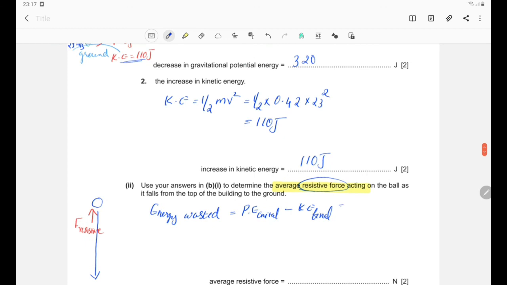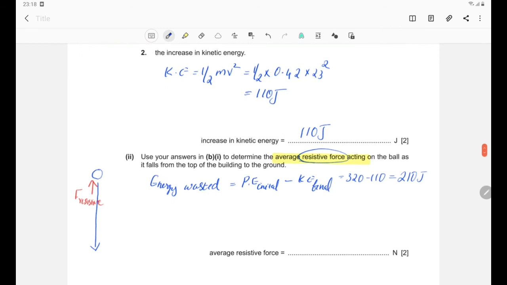So you will get 320 minus 110, which is 210 joule. That means the resistive force has to do a work equal to 210 joule.